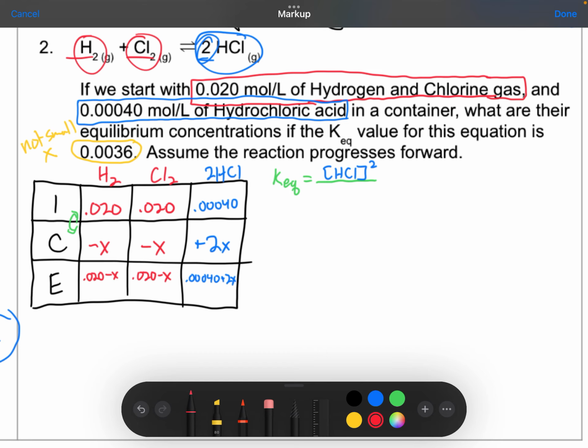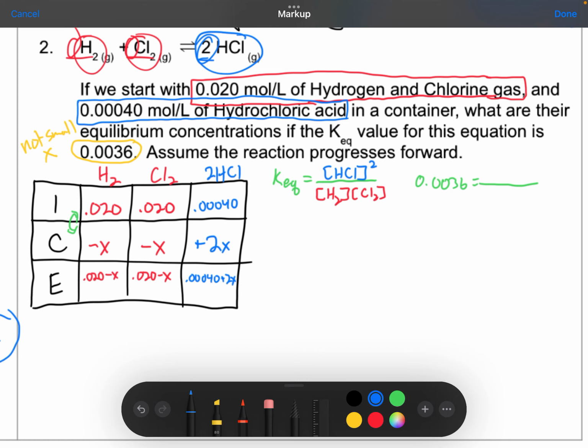I'm going to divide that by my reactants, my concentration of H2 times my concentration of Cl2, neither raised to a power because they are not in possession of any coefficients up here. To rewrite that a little bit, I need to actually use my equilibrium constant. So my KEQ is 0.0036, and that is equal to my concentrations expressed in terms of x.